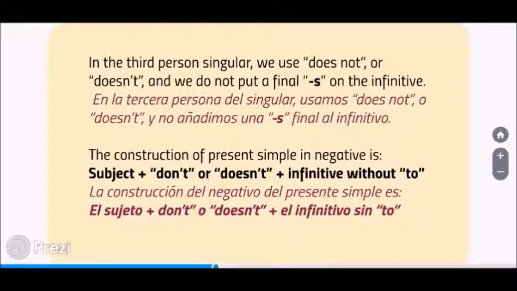In the third person singular, we use does not or doesn't, and we do not put a final s on the infinitive. The construction of present simple in negative is subject plus don't or doesn't plus the infinitive without to.